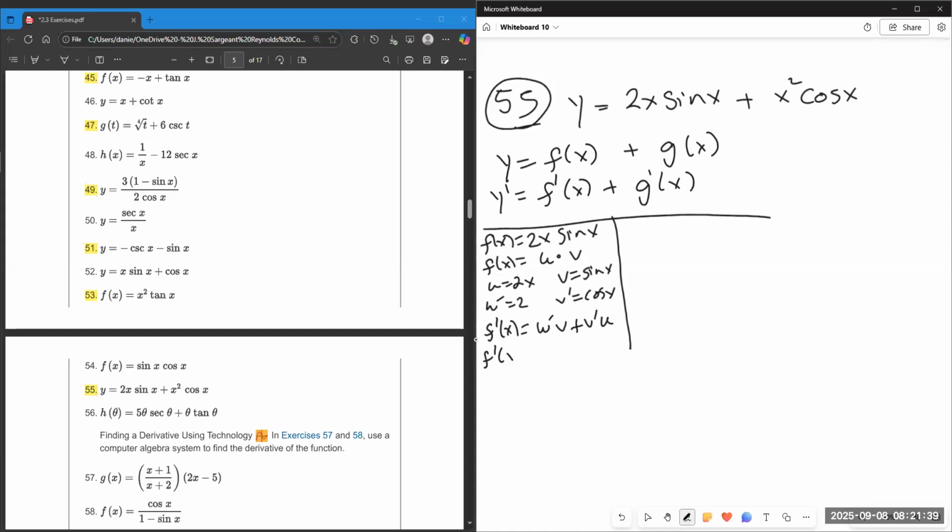So f prime of x is 2 sine x plus 2x cosine of x.